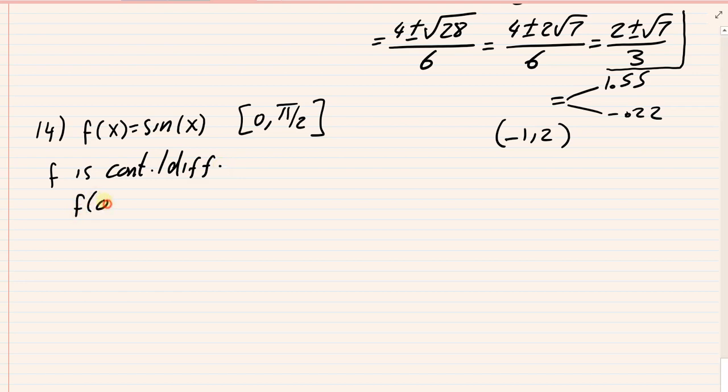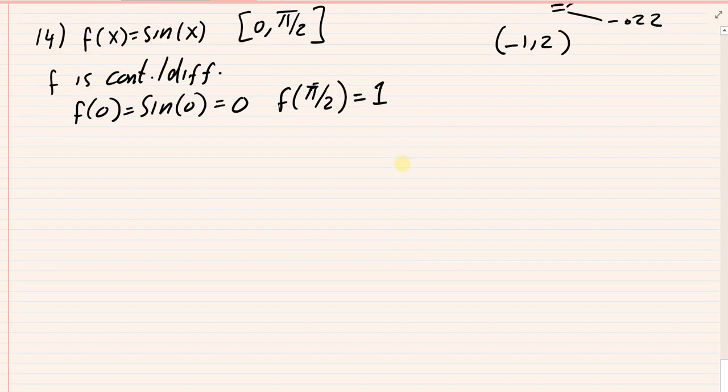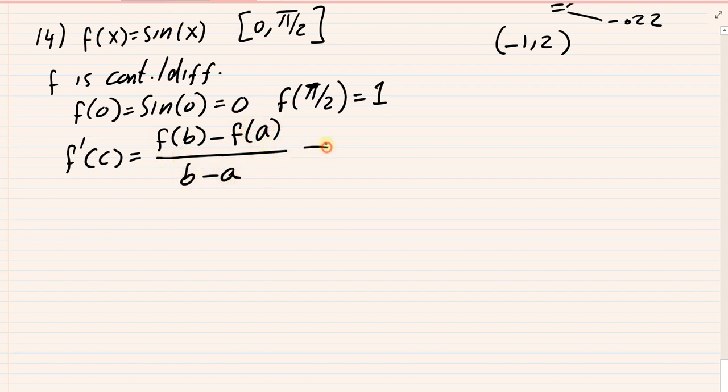And then f at 0 is going to be sine of 0, and that's going to be 0. F at pi over 2, sine of 90 degrees is 1, right? Therefore, we can say that f prime at c is going to equal f at b minus f at a over b minus a. That's what we're doing.